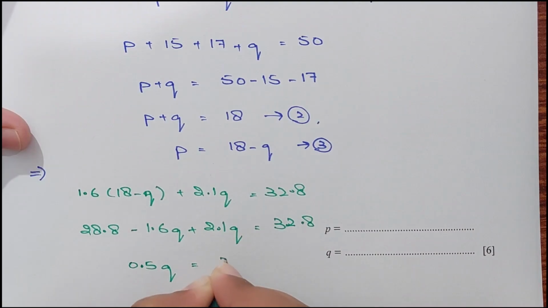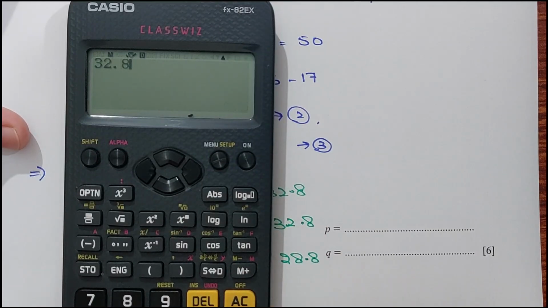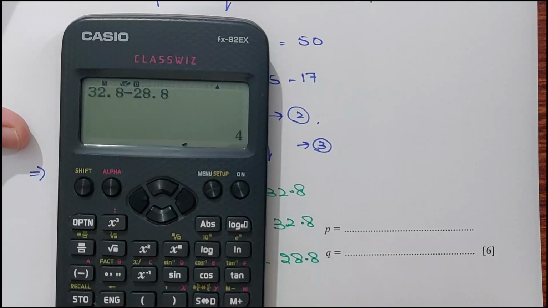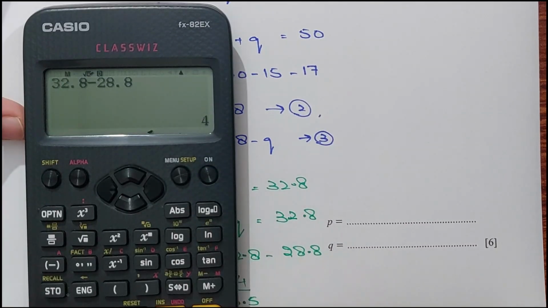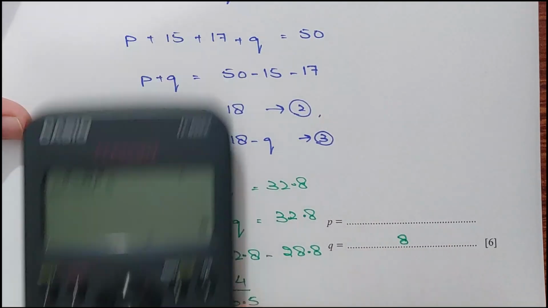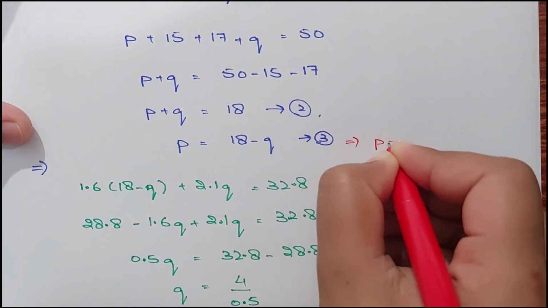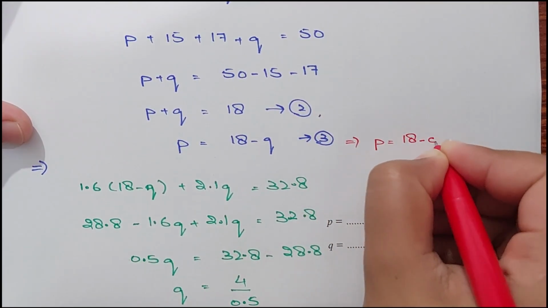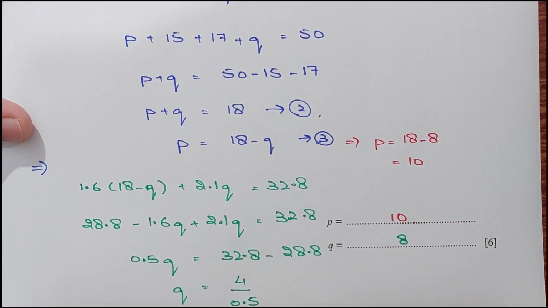Over here we have 32.8 minus 28.8, which is 4. So 4 divided by 0.5 gives us q. 4 divided by 0.5 is 8. So q is 8. Let me solve for p. To get p, plug in over here. P is 18 minus 8, which is 10. So P is 10 and Q is 8.